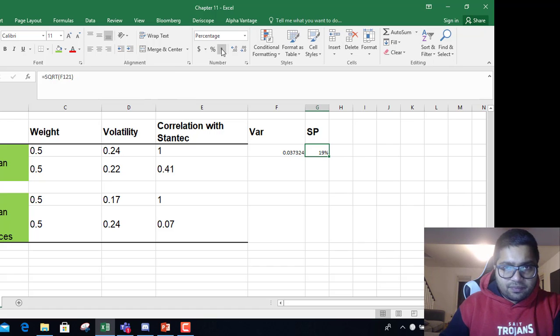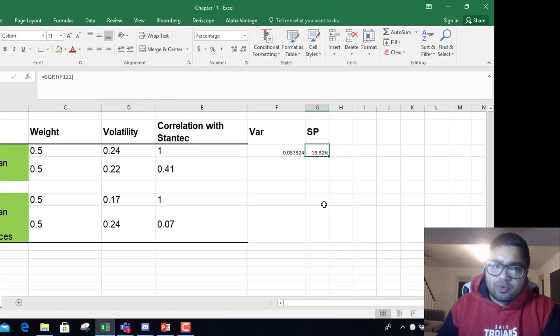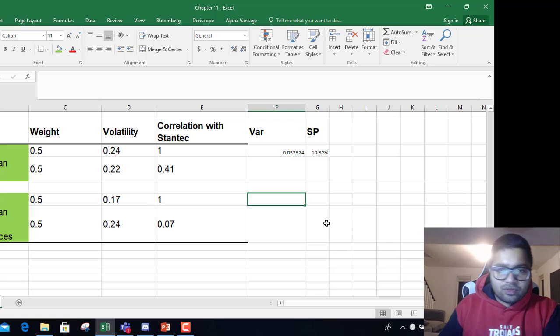So the standard deviation of the portfolio is 19.32%. So let's do the same thing for portfolio B. How to do it?